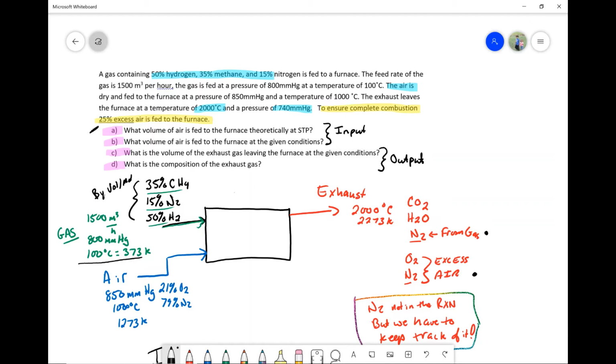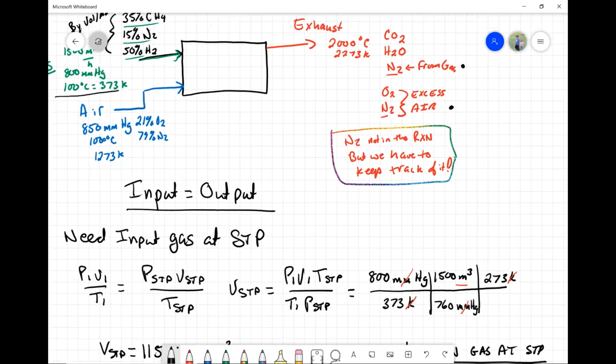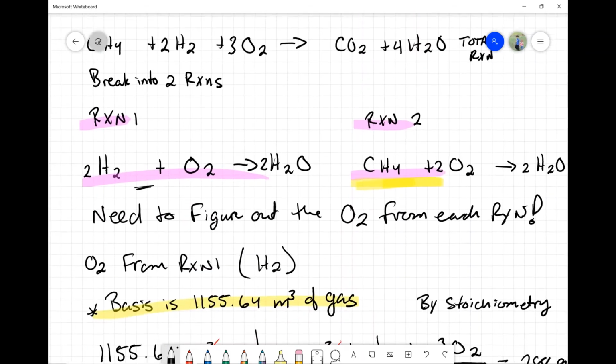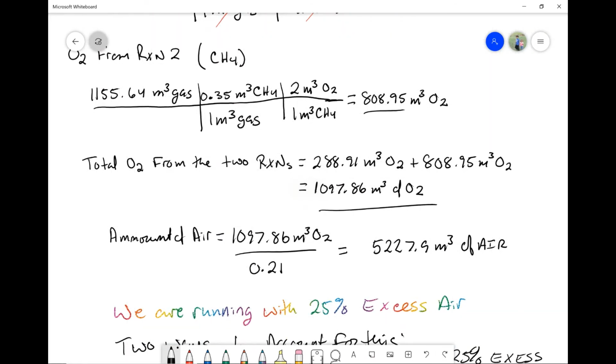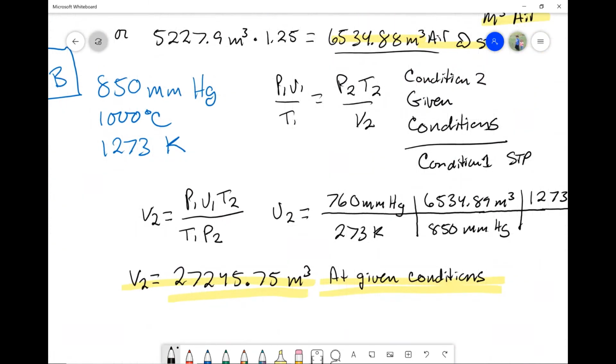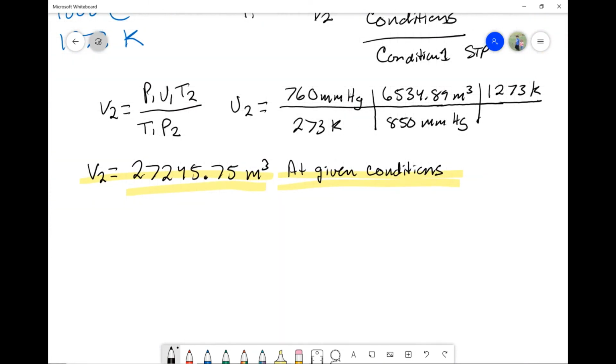The first part of the problem set the stage for STP calculations, because then you just use the ideal gas law to bring it up to the given conditions. So I'm going to do a little bit of bookkeeping. I've said it before, and I'll say it again: a lot of success in this class is bookkeeping.